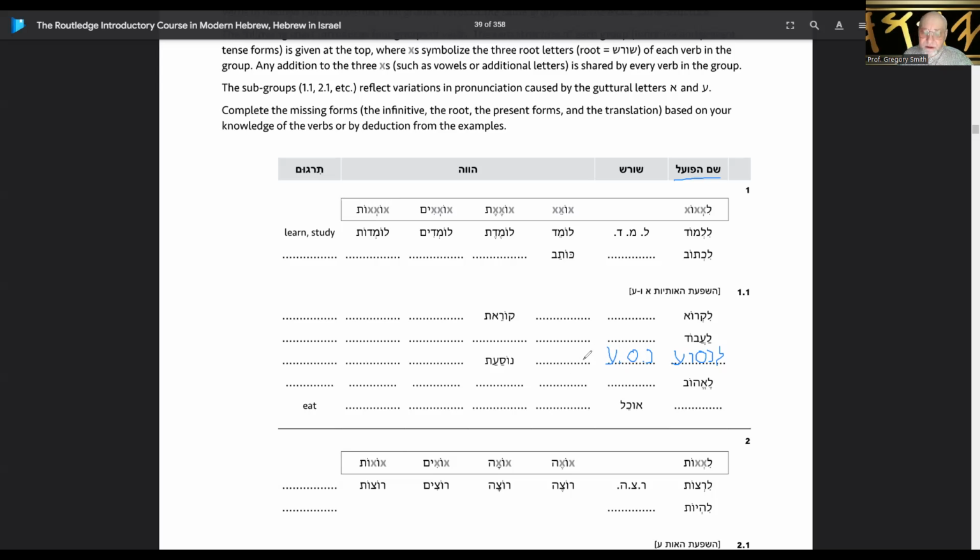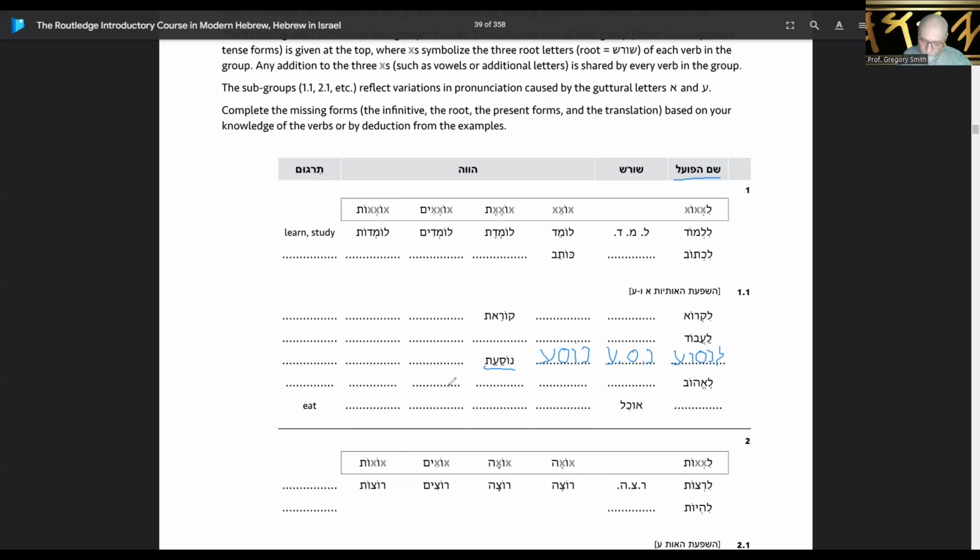Okay, and then remember that we're in the present tense. So if you were to say, I am driving, you would say nosea. So here's a nun, a holem, a samech, and an ayin, nosea. Okay, and then if you were to say she is driving, they're already giving that: nosa'at.